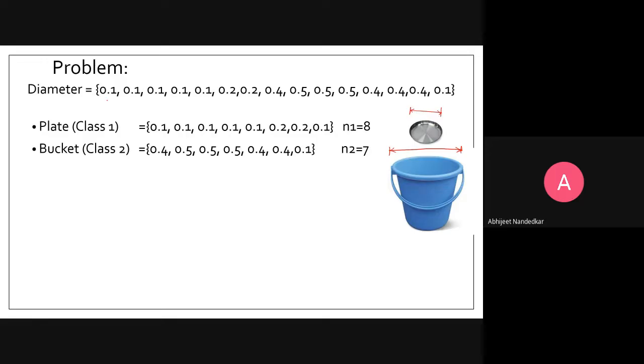So the list of samples is here. This is my total sample list for all the samples of type plate and bucket. We generally call this X, so this is my X set.